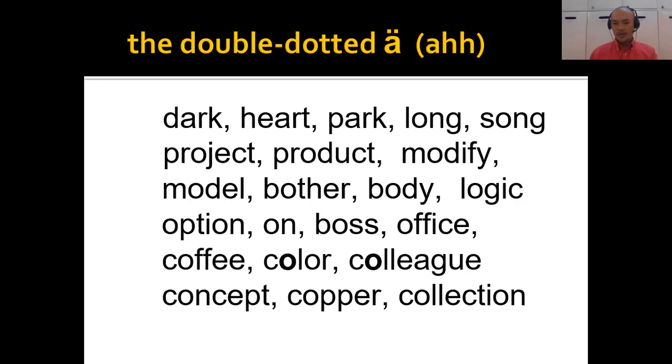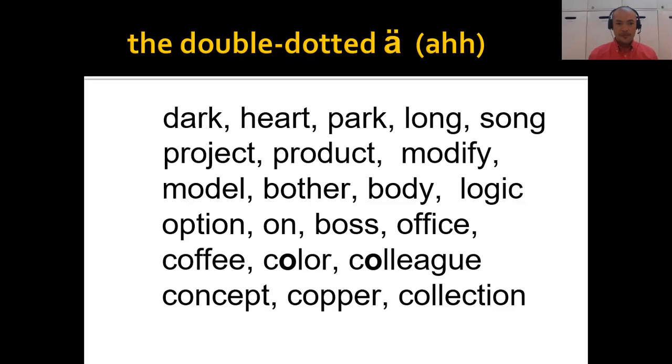Even though you notice here that it's spelled with an O, most of these words are confusing because they are spelled with the letter O, but they are sounded as ah. So you say longer, sing a song. You have to really drop your jaw while pronouncing that.